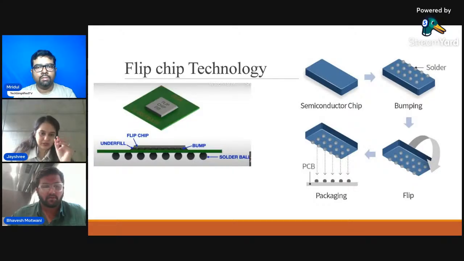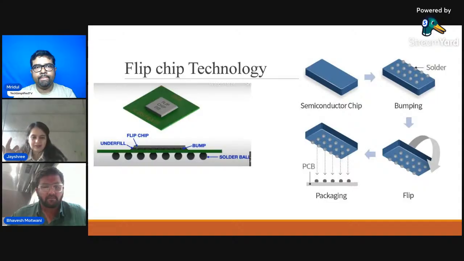There are already solder bumps on the surface, and we place this flipped chip, so that it creates an already compact structure. There are no wire connections, it's free from wires, and there is no mess eventually.